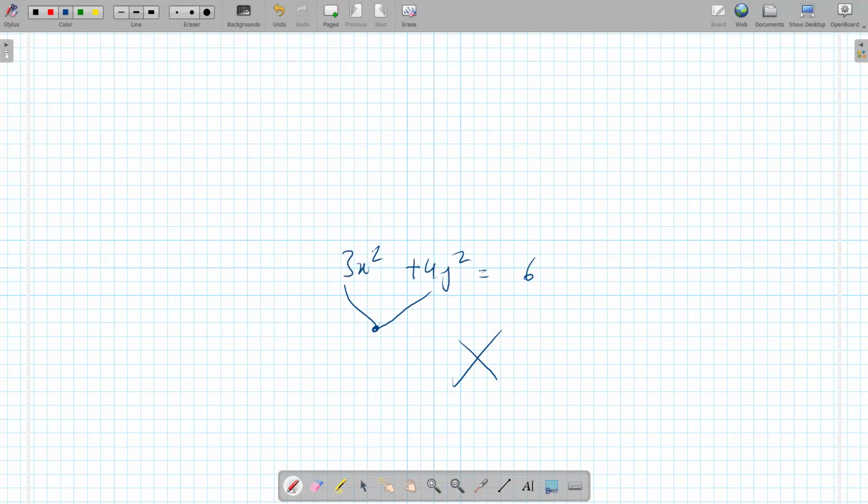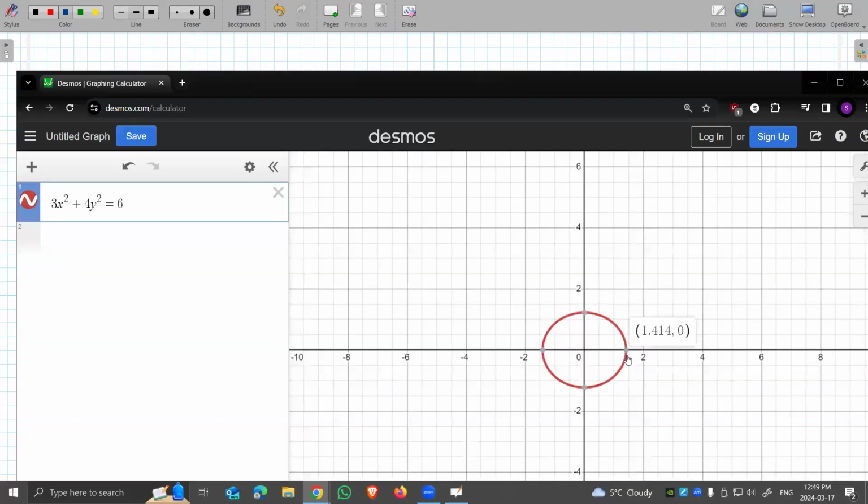Let me double check what this would look like. Is this a circle? What do you think? No. Why not? How do you know it's not a circle? Because the radii are different, right?